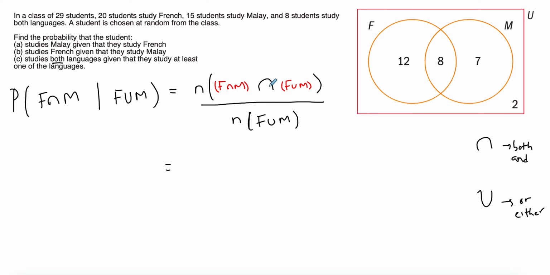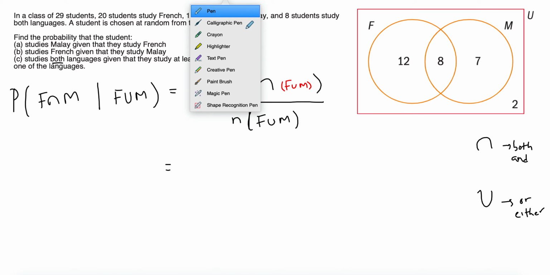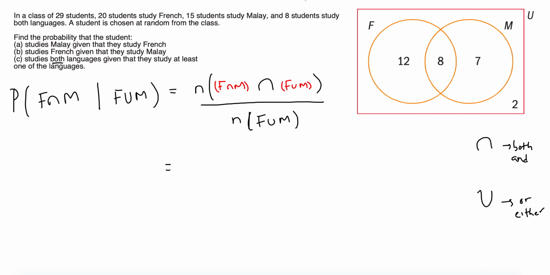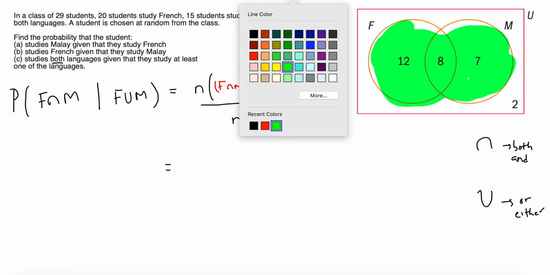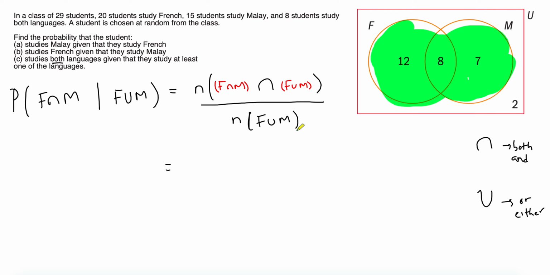I'm looking at the intersection, so I'm looking at where I could highlight twice. I'm going to highlight F union M. So this is my F union M, this whole thing. And then I'm going to highlight F intersect M, which is this area.